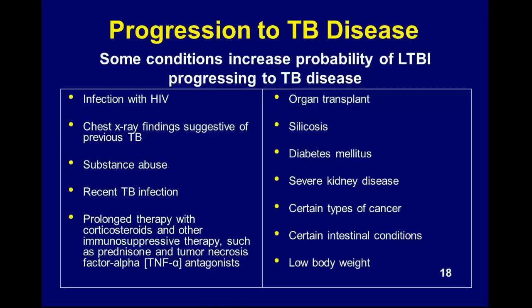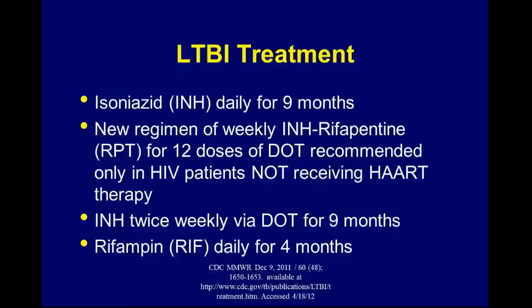These are all independent risk factors for progression. So being 10% below your ideal body weight is an independent risk factor for transition from latent to active TB.